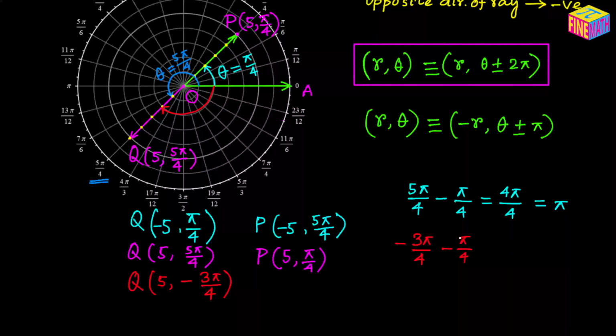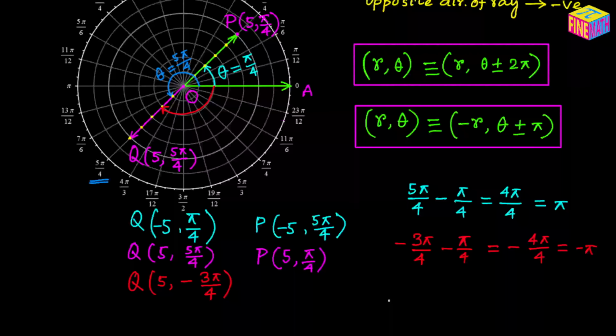I'm just calculating the difference, and this difference is actually negative 4 pi over 4, and that is again negative pi. So as you can see, if we rotate pi radians extra either in the positive or negative direction of the rotation, we will still reach the same point as long as we reverse the sign of r. I hope it is clear up to this point.